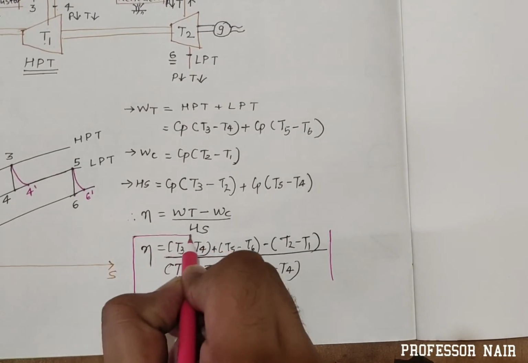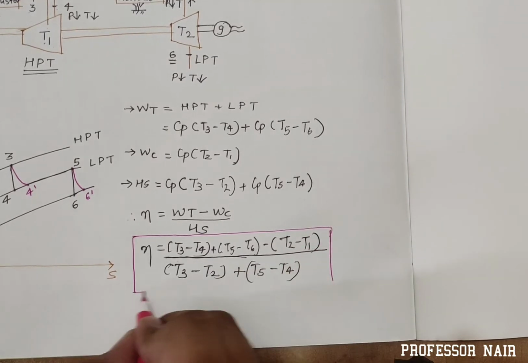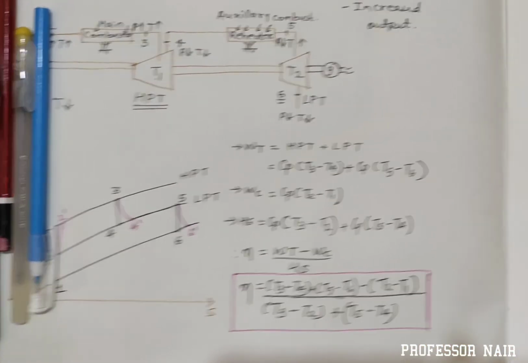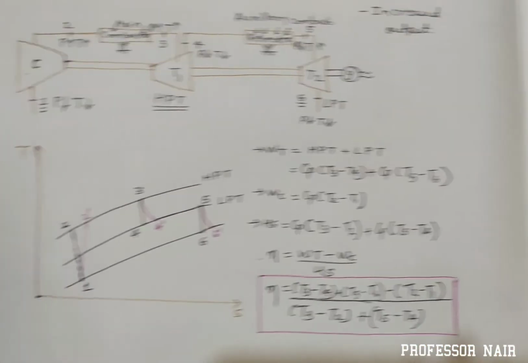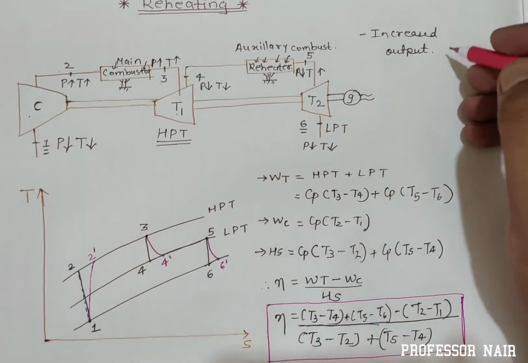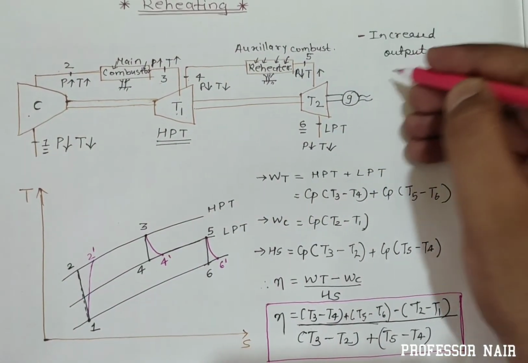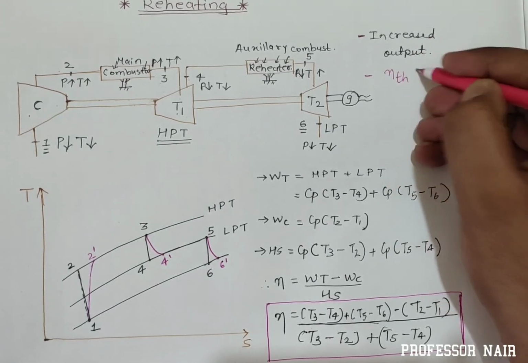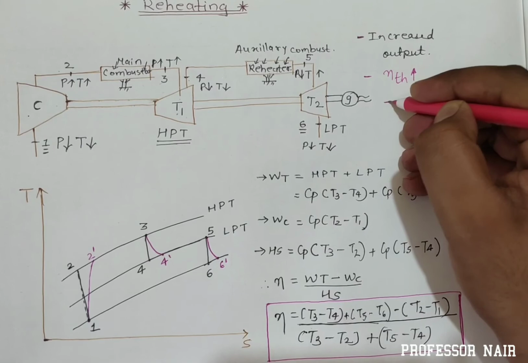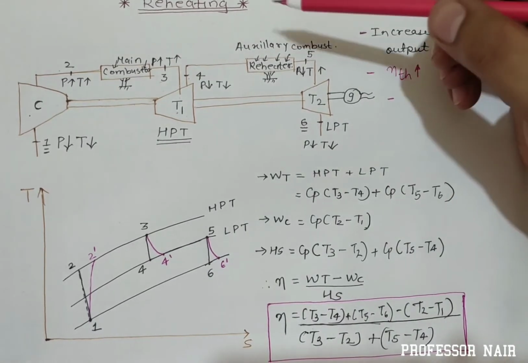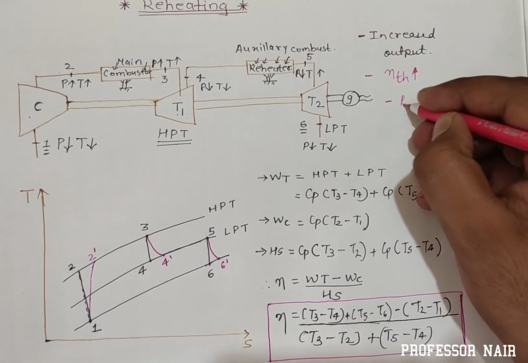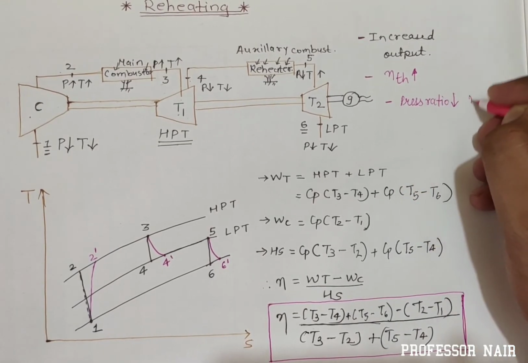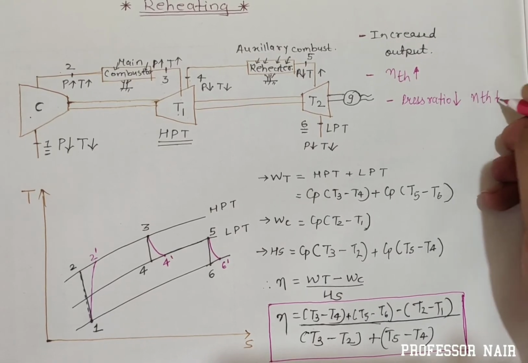Okay, so hope you have understood this process, the TS diagram, and you have learned how to derive this, right? Okay, and the main advantage is that output gets increased as well as thermal efficiency gets increased, right? But one more point to remember is, when you are using the reheating process and your pressure ratio is less, your thermal efficiency will also decrease.